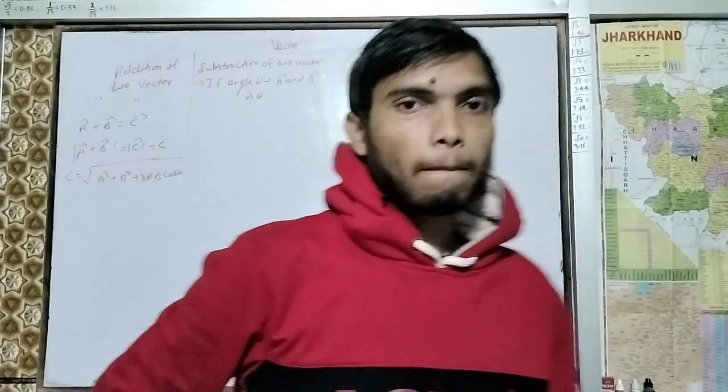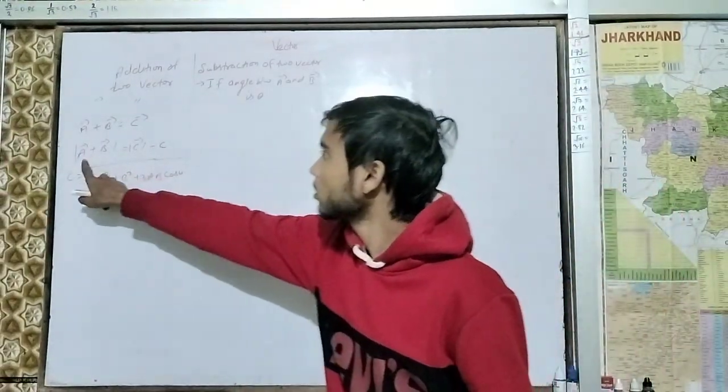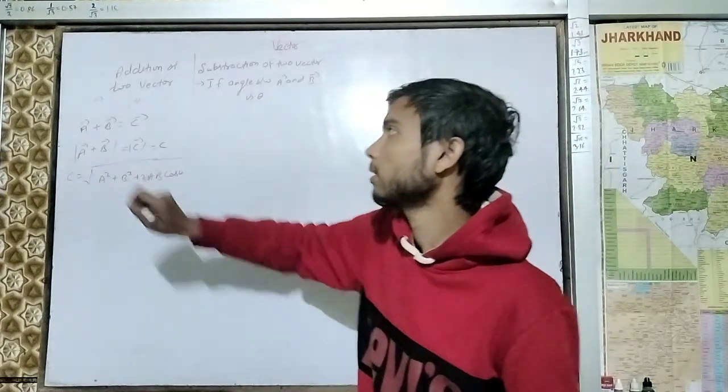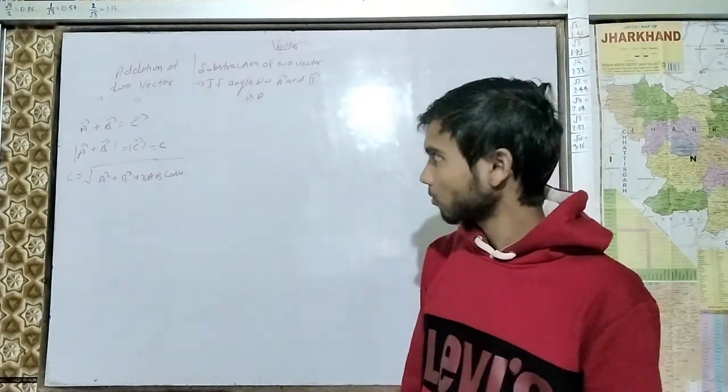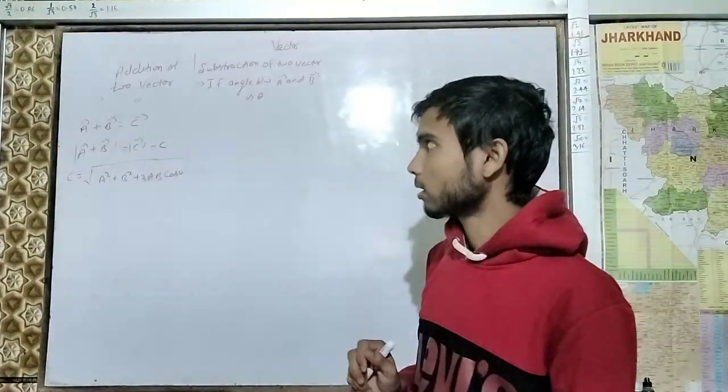This c is equal to the square root of a square plus b square plus 2ab cos theta. That is how we can get the magnitude of c, which means the mod of vector a plus vector b. Till here we are crystal clear about this.